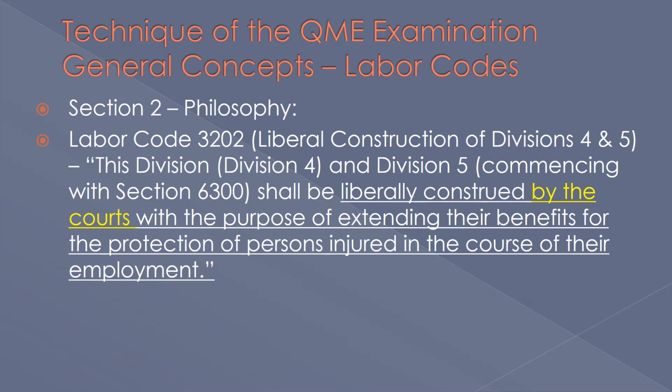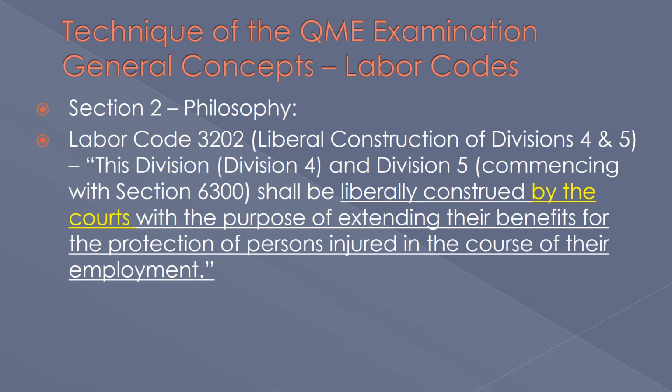Division 4 begins with Labor Code 3201, I believe, either 3200 or 3201. So it begins by saying that this division, meaning Division 4, and Division 5, which commences with Labor Code Section 6300. Let's just pause there. That's a lot of labor codes between 3200 and 6300. Division 5 begins with Section 6300 and contains many labor codes beyond that, all the way up to Labor Code 7997. So that's a lot of labor codes.